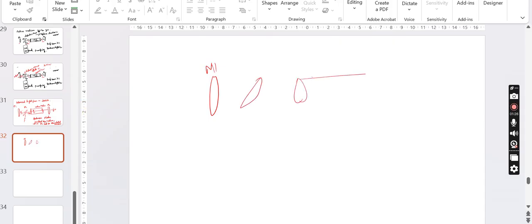Another scheme is basically this: M1 here, there is the active medium, this is M2.